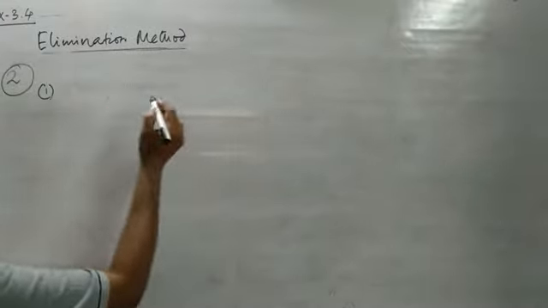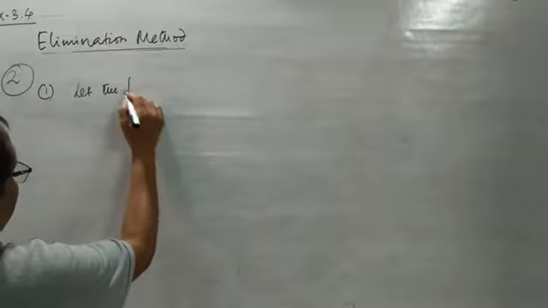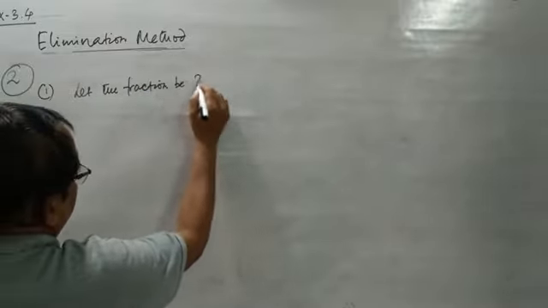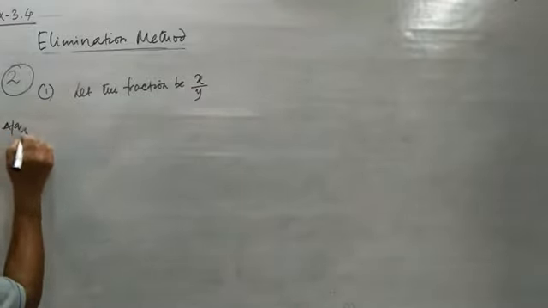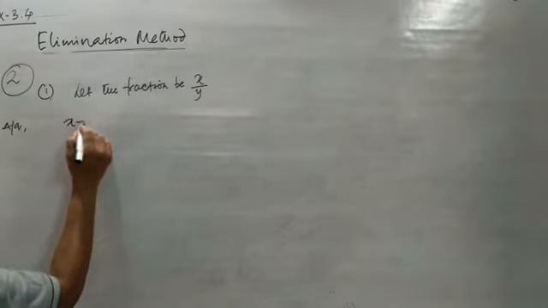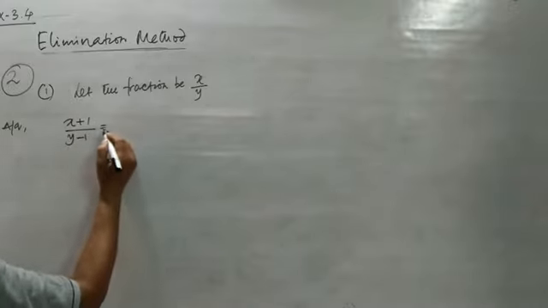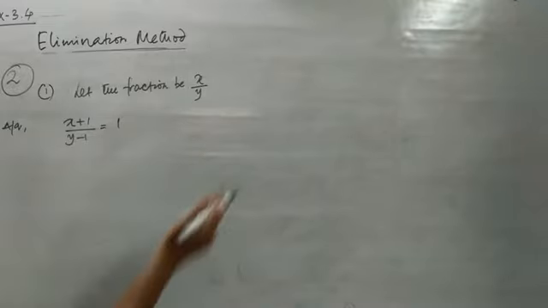So find the fraction. Let the fraction be x by y. According to the question, first, if we add 1 to the numerator and subtract 1 from the denominator, it reduces to 1, the fraction reduces.